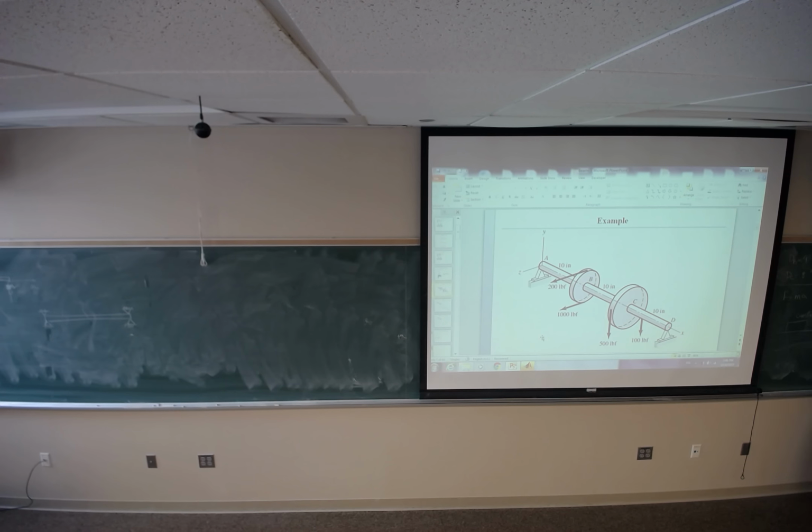This Newton's law has the rotational equation as well. Alpha is the angular acceleration, I is the mass moment of inertia of the rigid body, and T is the torque.